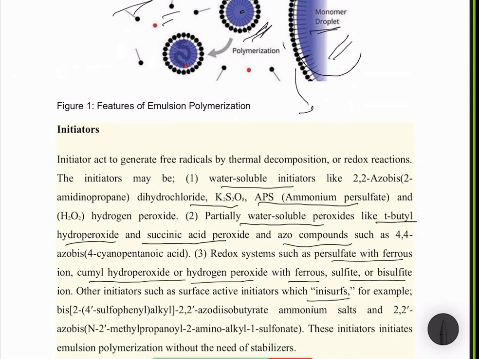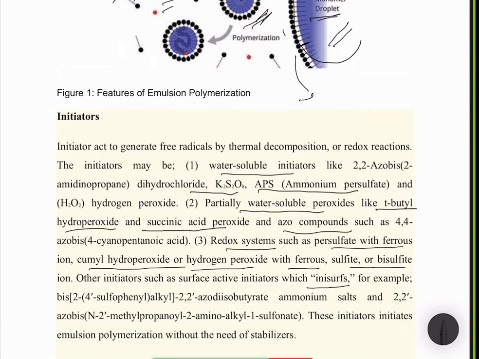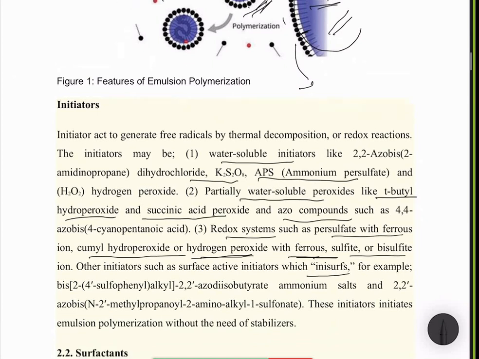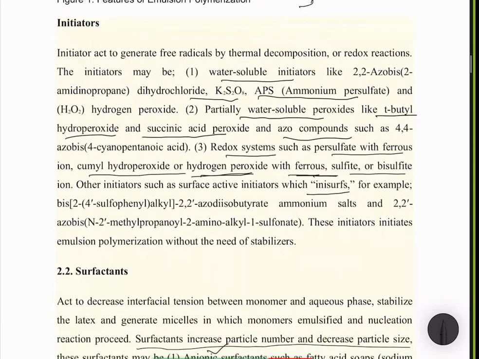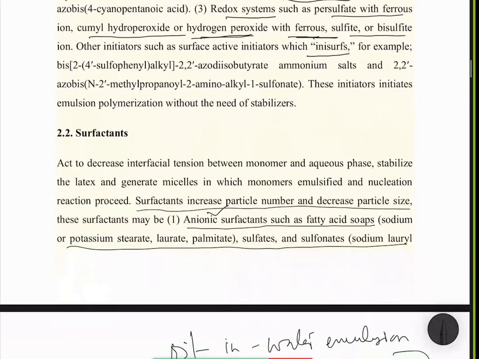Or redox initiators can be used, like a cumyl hydroperoxide and ferrous ion combination, or a ferrous ion and hydrogen peroxide combination, or sulfite or bisulfite in combination with peroxides. So these sorts of redox initiators are also used in this polymerization.